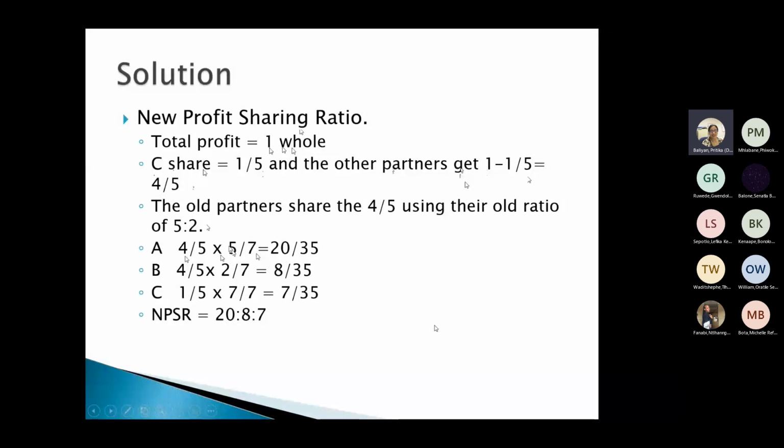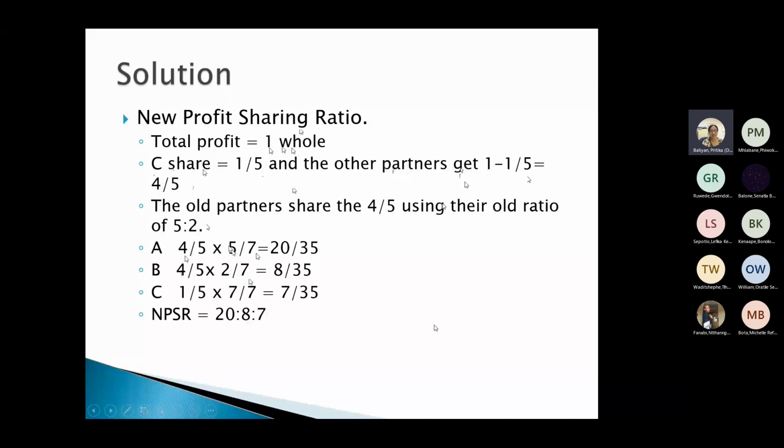Same for B: 4 over 5 times the old ratio of 2 over 7, you multiply and get 8 over 35.